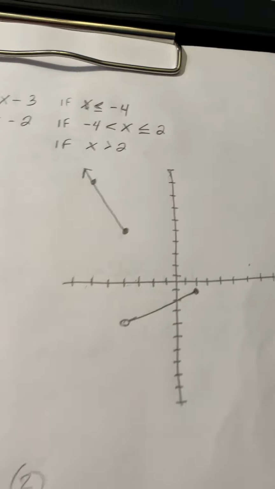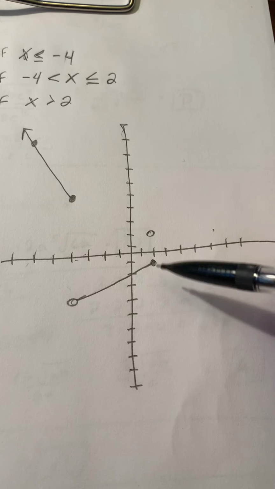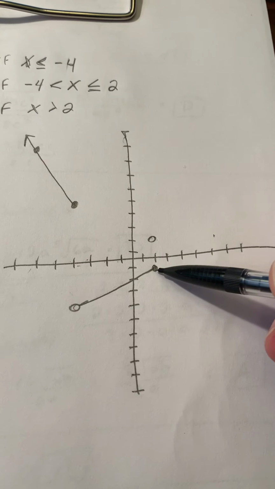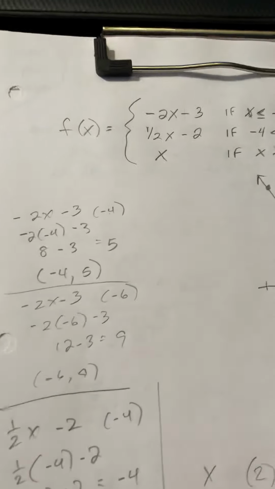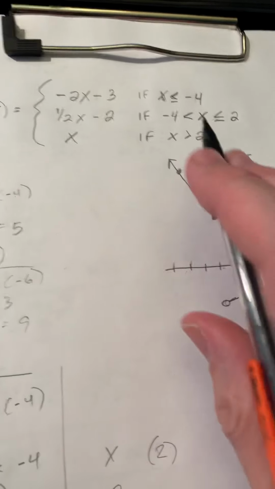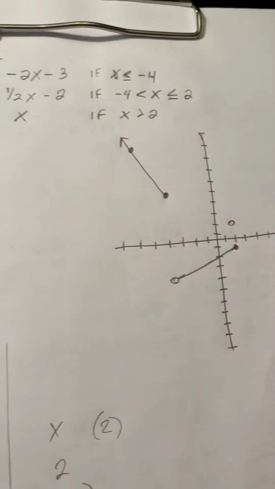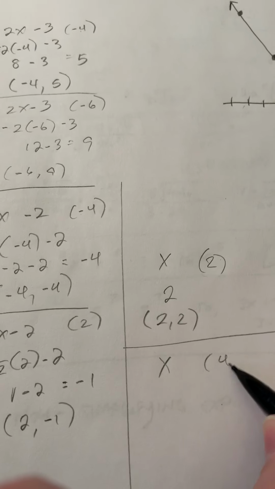And again, it's got to pass the vertical line test, which it will, because that's an open dot, and that's a closed dot. That's no issue. Now, it says x is the equation here, f of x equals x. You could use the slope, if you'd like, or you could just pick a number more than 2 to see where it goes. So let's try plugging in the number 4.